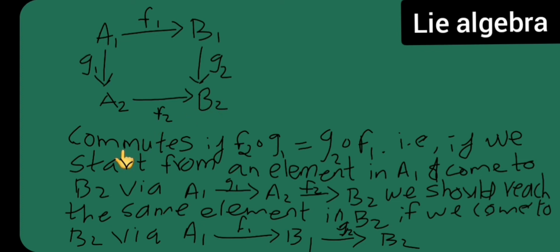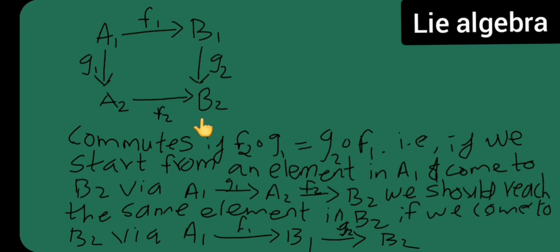Now this diagram commutes if F2 into G1 is equal to G2 into F1, that is, if we start from A1 and come to B2.